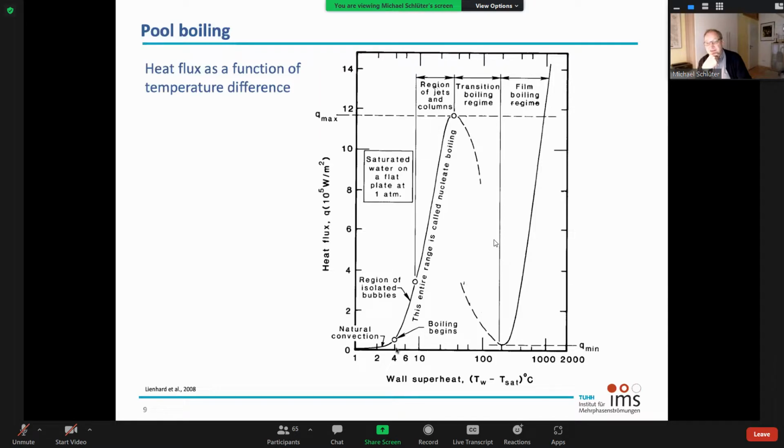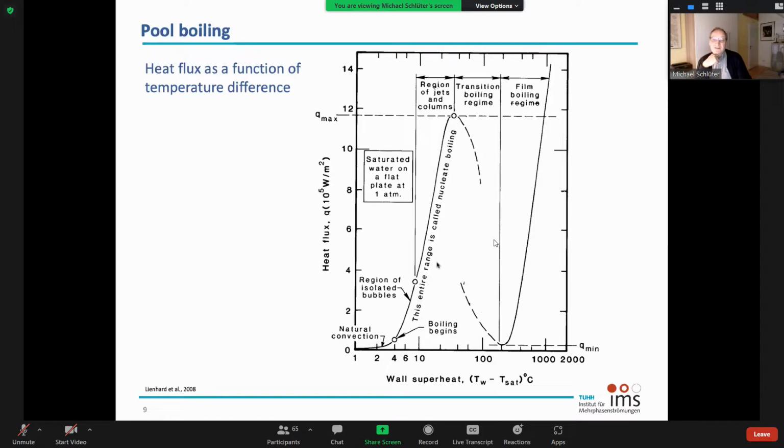For the first 4 degrees Celsius superheat, we have only a little increase in heat transfer performance. If we increase the superheat by 6 degrees Celsius more, we have a tremendous increase in our heat flux, and this gets much, much stronger with higher superheating of the surface. So here we have a very, very high increase in the heat flux.